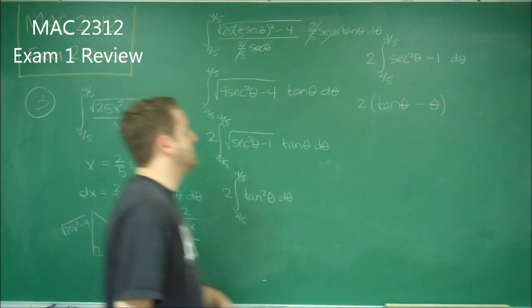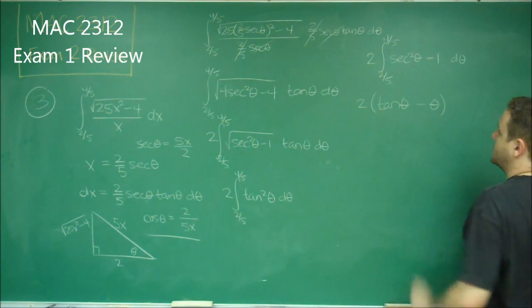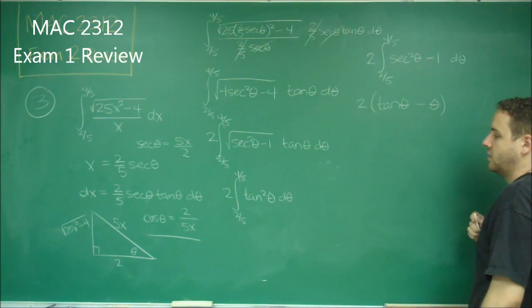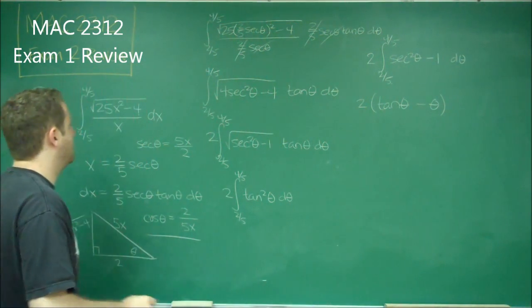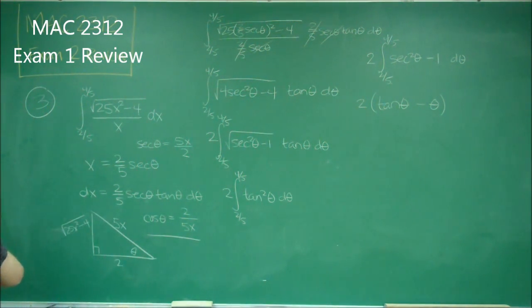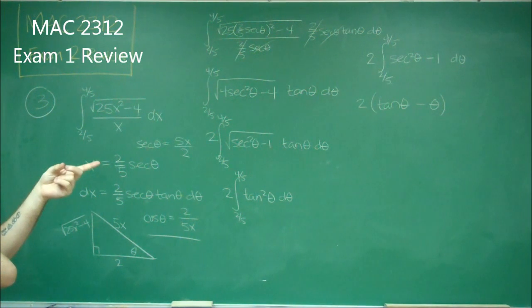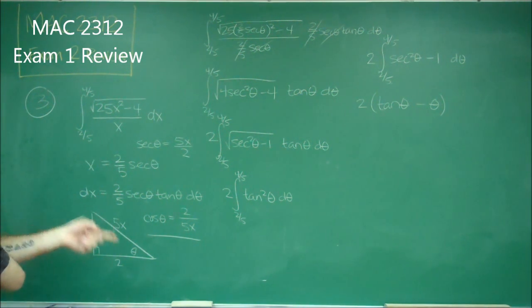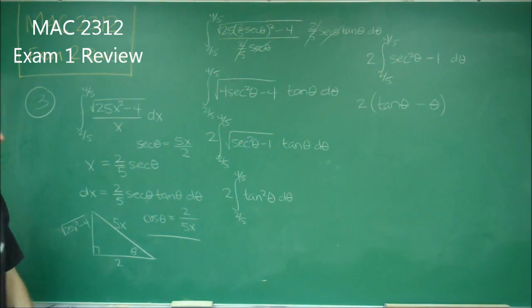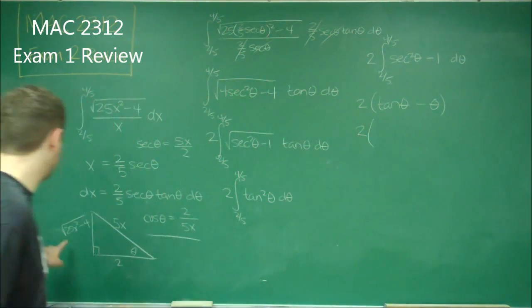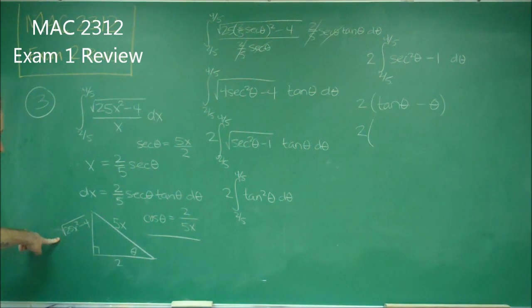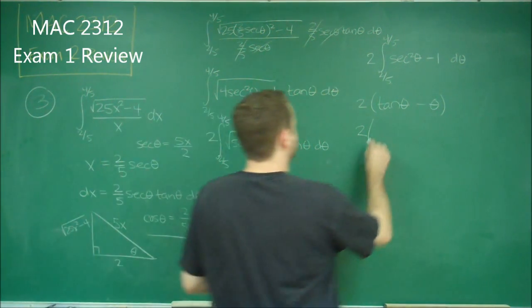So now we just need to consider what's going on here. We have a couple of different things going on. We have tan theta and we have theta. Tan theta, we can just get straight from this triangle. Tan theta is just root 25x squared minus 4 over 2.